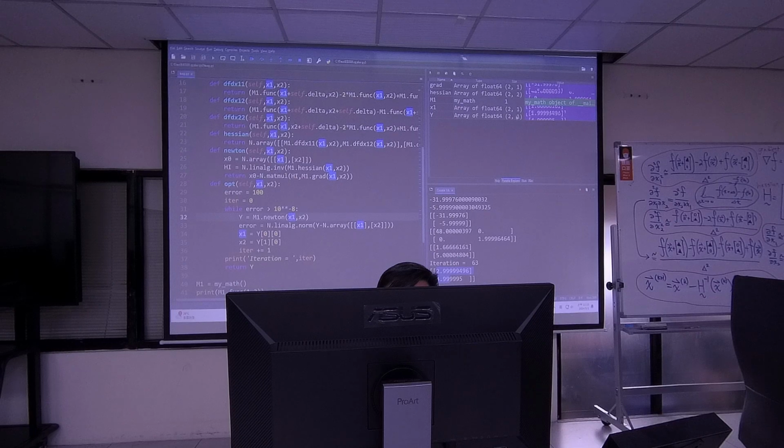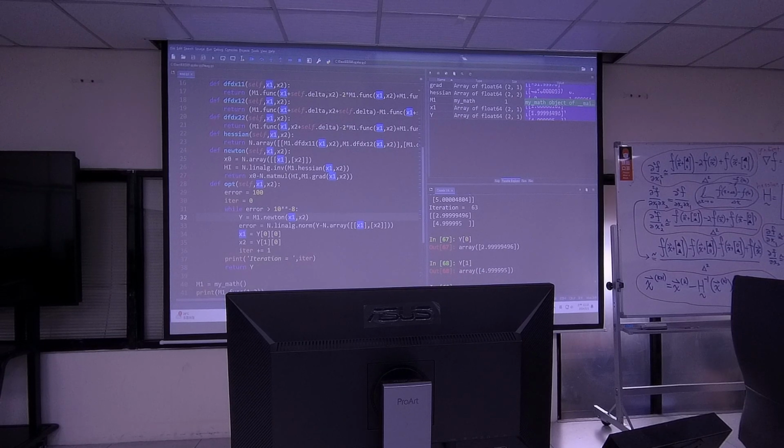If you say y0, y0 is also an array, basically the first one. How about y1? It is the second component inside the y array. So it's an array inside another array.